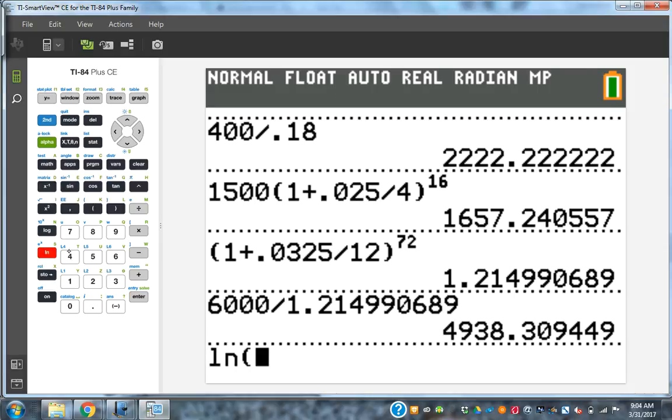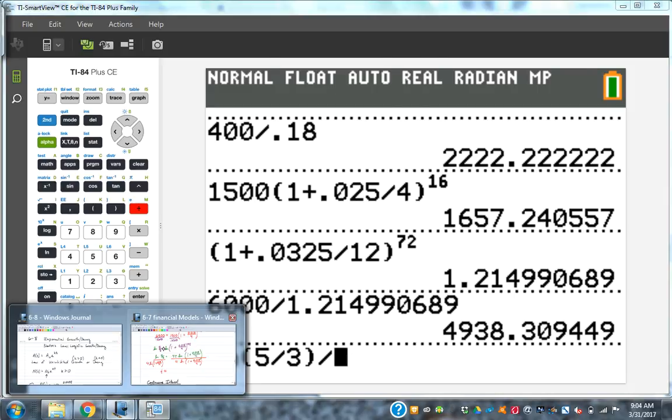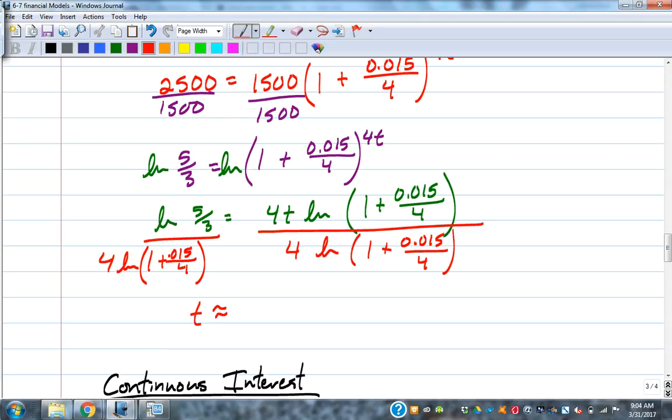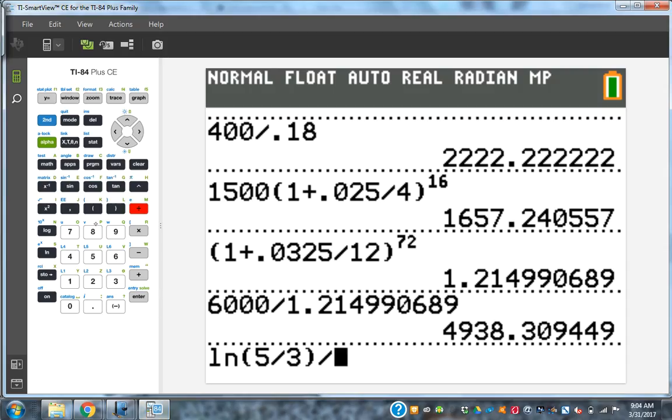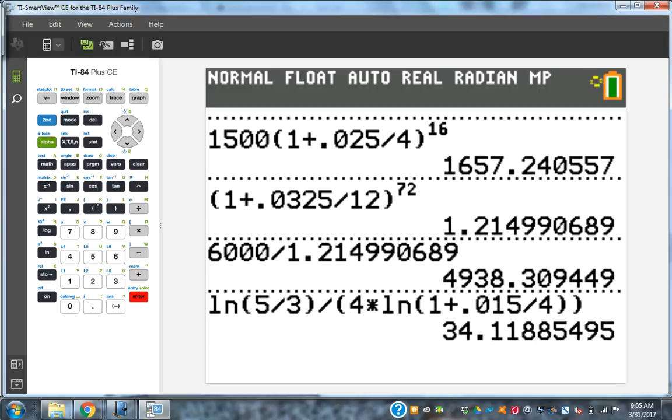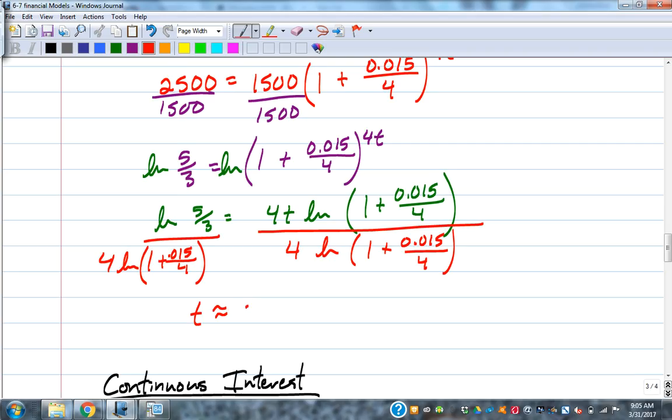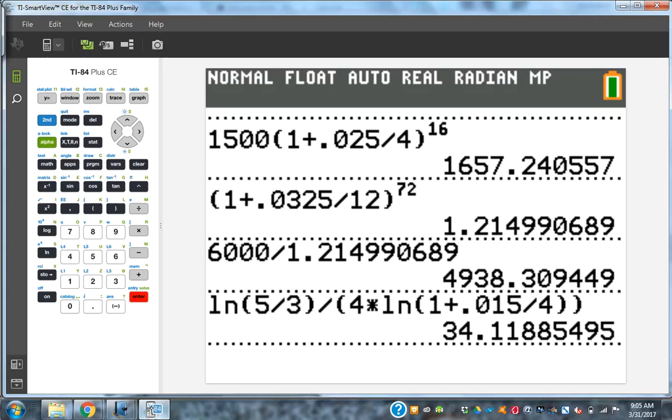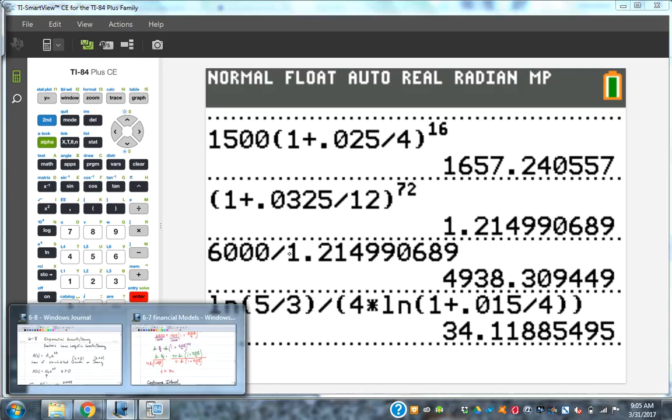So on my calculator, I'm going to type ln of 5/3, close the parentheses, divided by, and to divide by all of that stuff, I'm going to use a set of parentheses in the denominator and just type it all in at once: 4 times the natural log of 1 plus 0.015 divided by 4. Close the parentheses twice. 34.11 years, rounding to 2 decimal places.